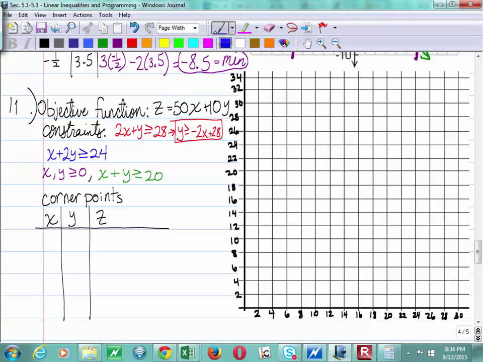And then on the blue one, I'm going to subtract x from both sides, which is going to give me 2y is greater than or equal to negative x plus 24. And then if I divide both sides by 2, I'm going to get y is greater than or equal to negative 1/2 x plus 12.